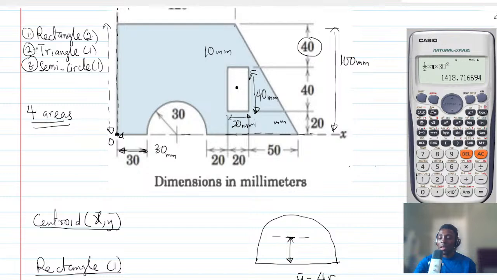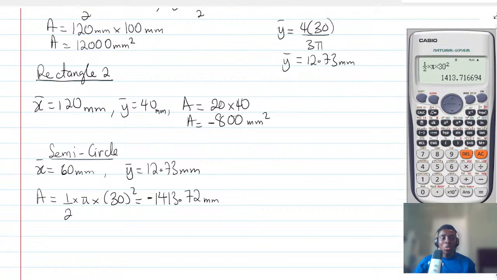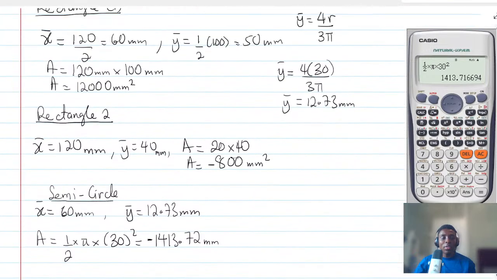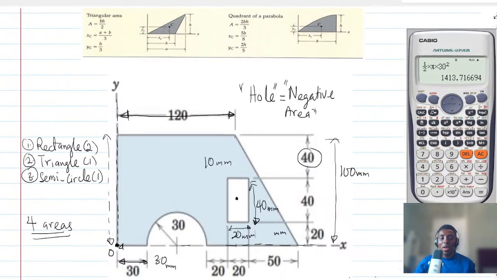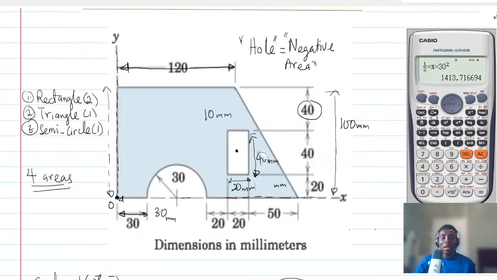All right. So now what else do we have to do? We have gotten the area. So we are left with the triangle and then we are done. So let's look at the triangle and then we'll be done.